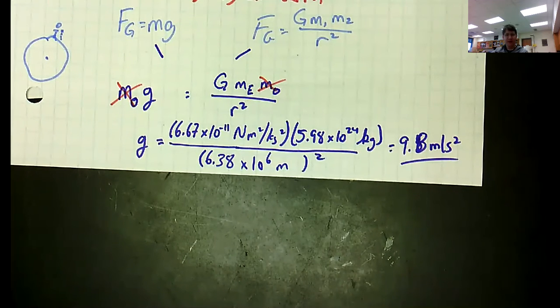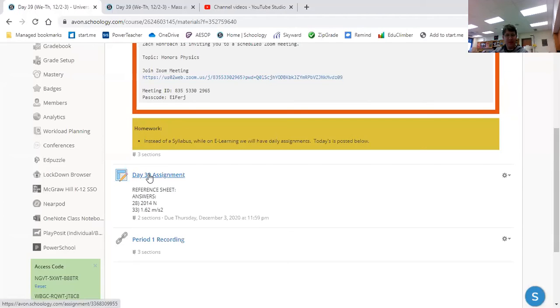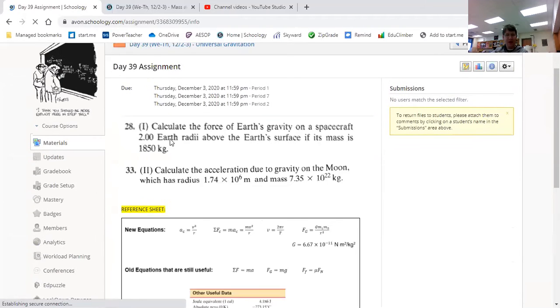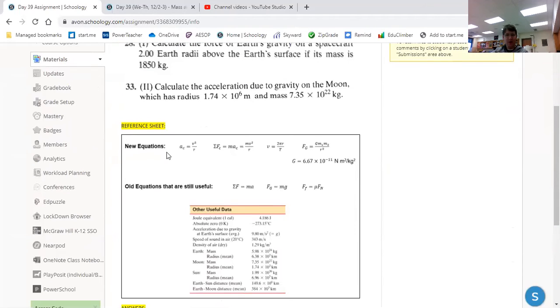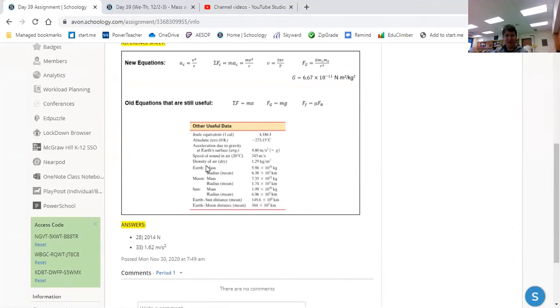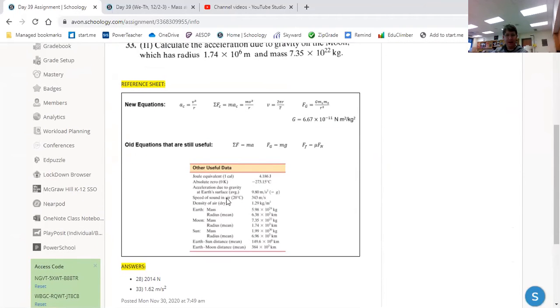So there are 2 practice problems today in the day 39 assignment. I included what you would have in person if I'd seen you in person, but here are all the equations we've talked about. I included the mass and radius of different things here that you might need.